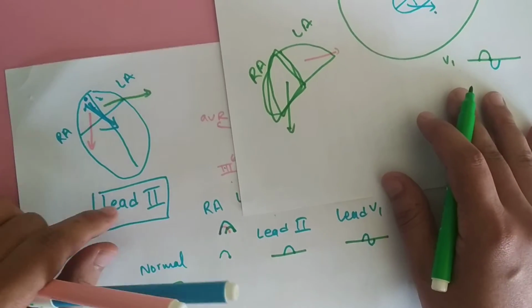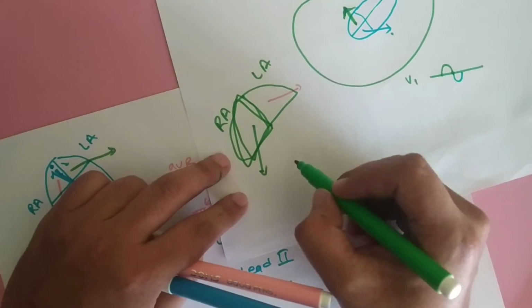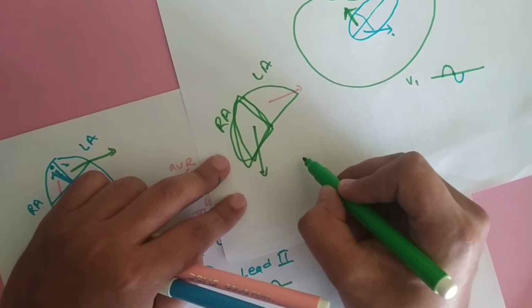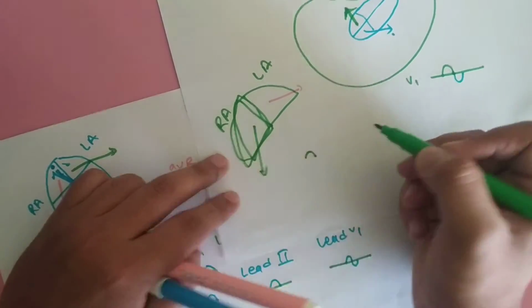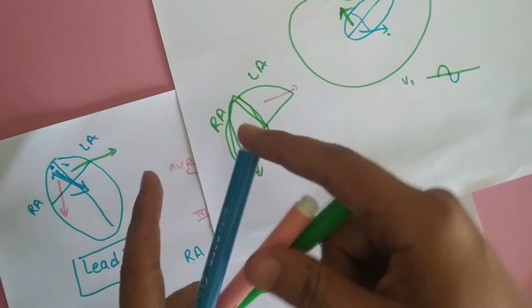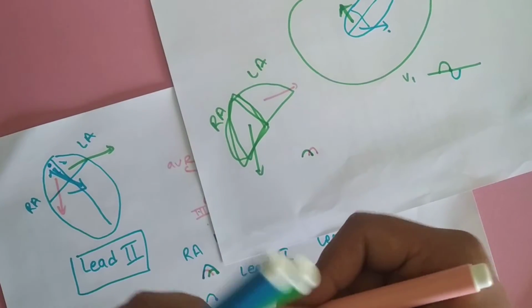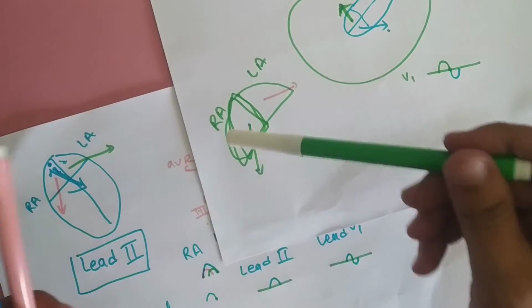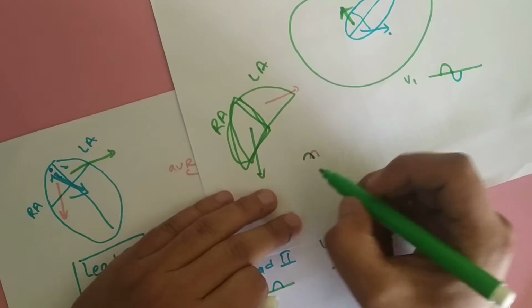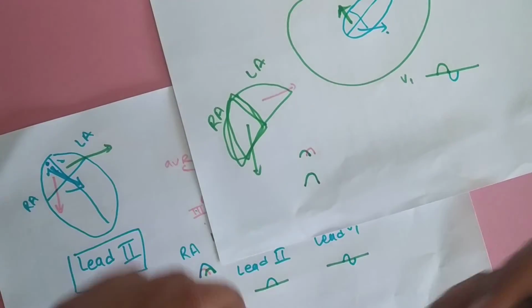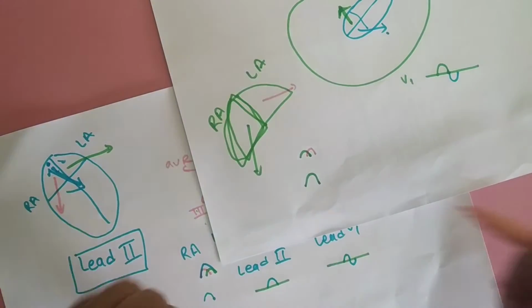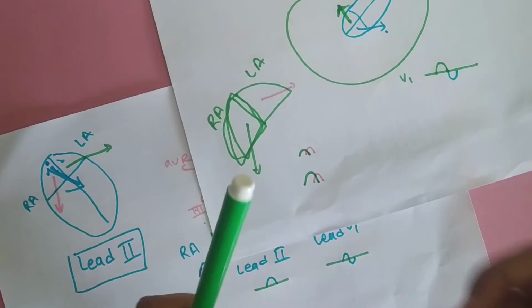Initially, in the normal case, if this is right atrial depolarization and this is left atrial depolarization, then in case of right atrial enlargement, this will be bigger in magnitude than the left atrial depolarization.